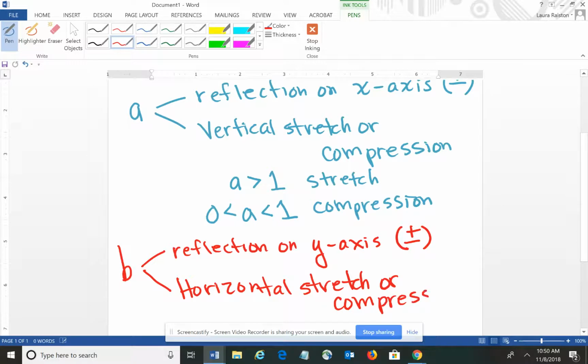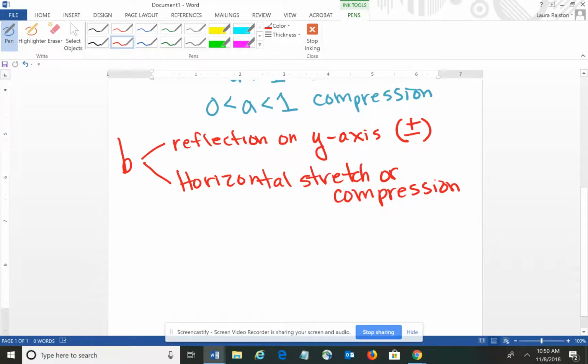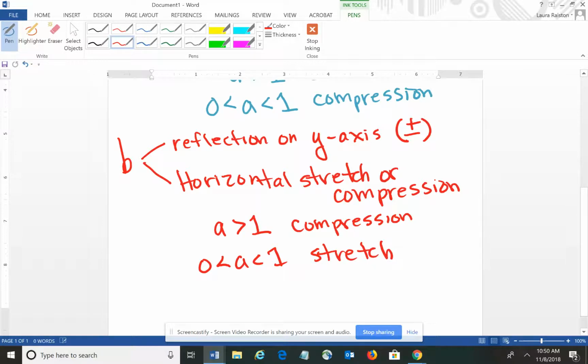And again, the horizontal seems a little backwards if you think about it. But if B is greater than 1, it is actually a compression. And if it's between 0 and 1, it's a stretch. Then you have C, which is inside the parentheses with the x, and that represents your horizontal shift.